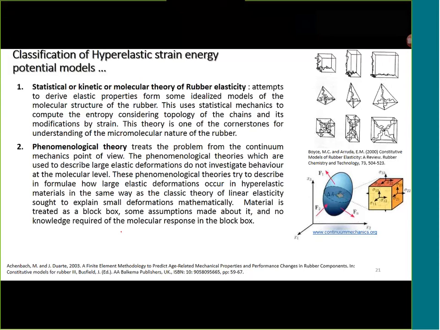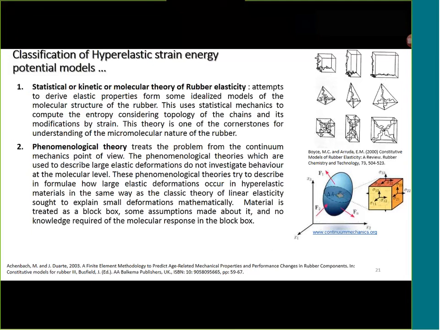Based on how many molecular chains are considered for a unit cube, there is a 3 parameter molecular chain model, a 4 parameter molecular chain model, and an 8 parameter molecular chain model. The key takeaway from this slide is that any material model which is statistical in nature comes from the molecular aspect of the elastomeric material.